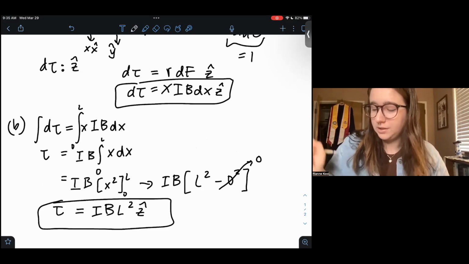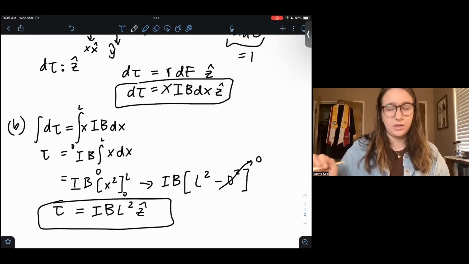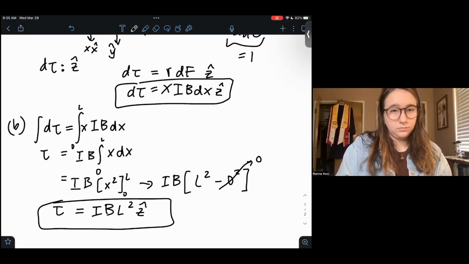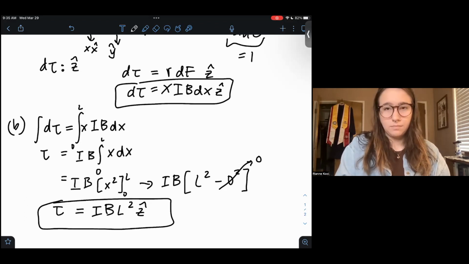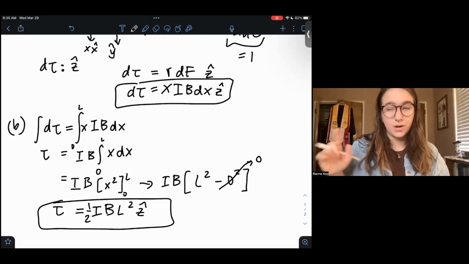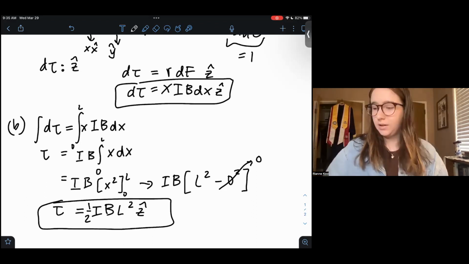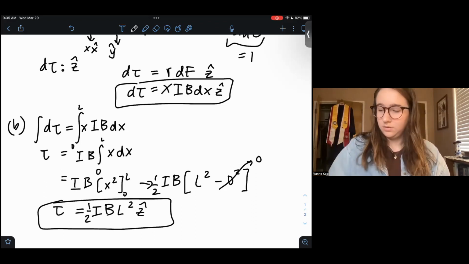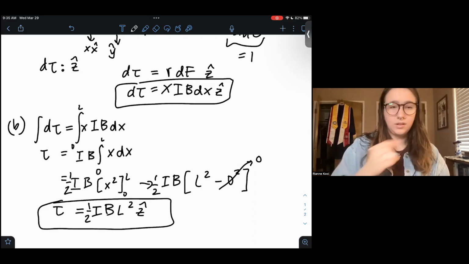It doesn't lose its directionality when we integrate over it. Sorry, I made a mistake. It's 1/2 IBL squared. I forgot the 1/2. Put that right there, 1/2, because we integrated over it and we did the power rule.